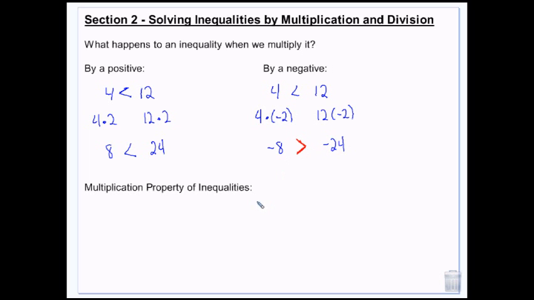So multiplying by a negative actually changes the truth of the inequality. So 8 is less than 24, but negative 8 is greater than negative 24. What we've done is we've taken our inequality and we've flipped to the other side of the number line when we multiply by a negative. Because everything on the negative side goes backwards, so we're flipping.